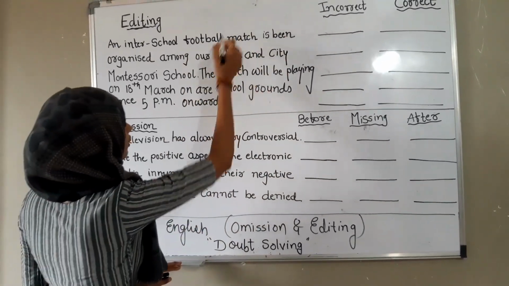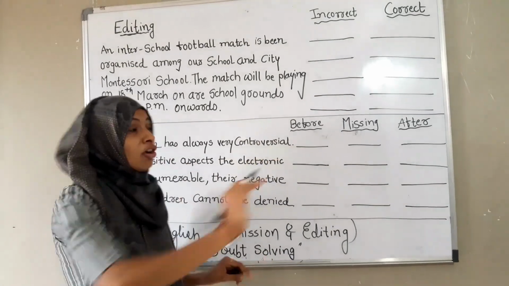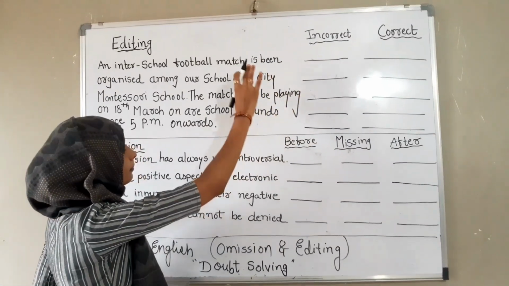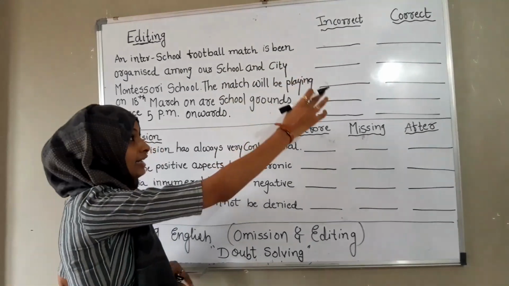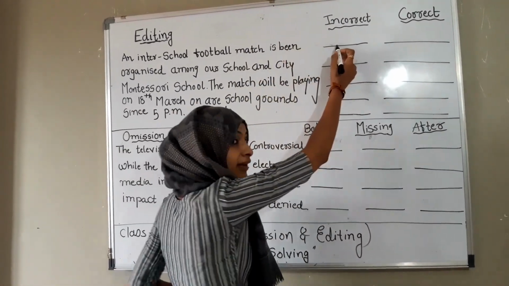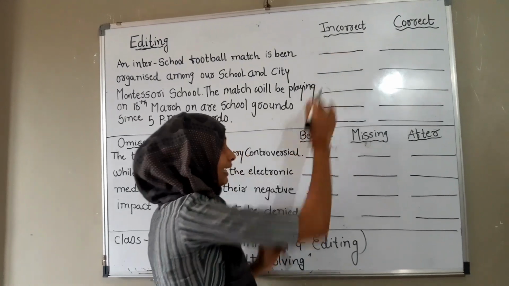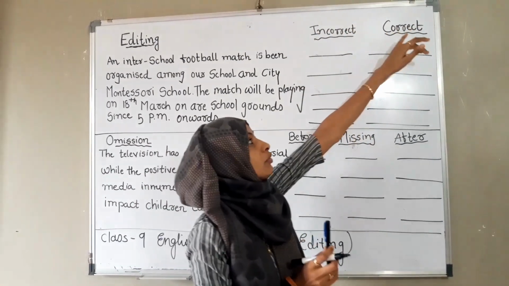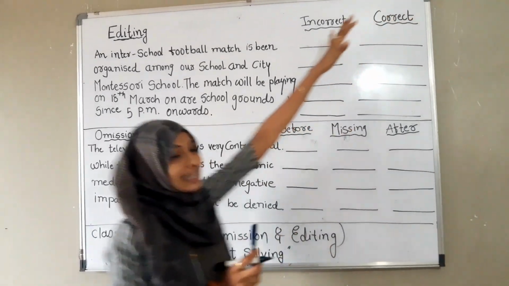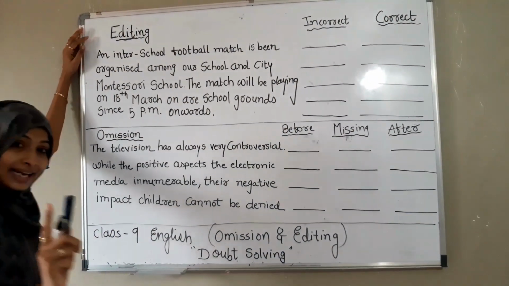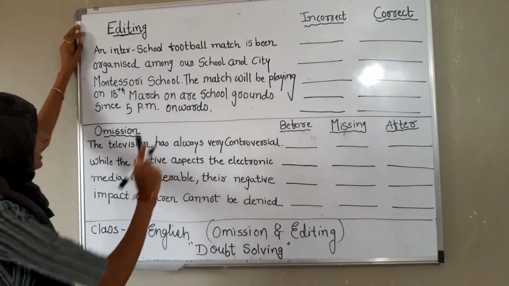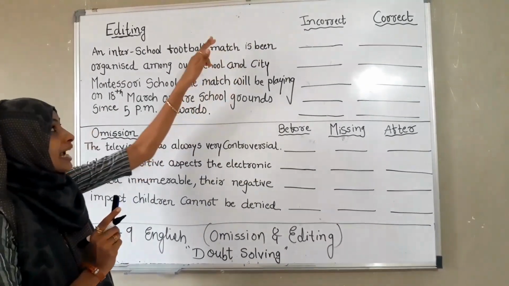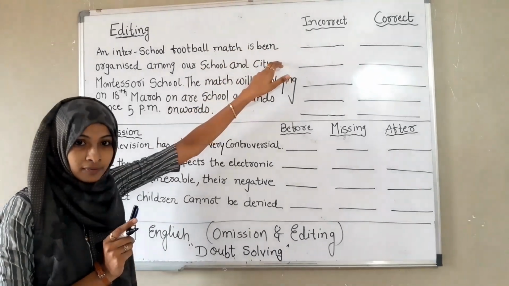First of all, we have to find that incorrect word and edit it. We write that incorrect word in this blank, and the correct form of that word in this blank. So that is called editing. Again I am repeating, what is editing? We have to edit the incorrect word from every line of the paragraph.